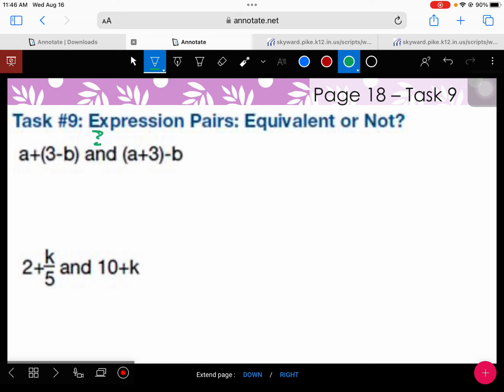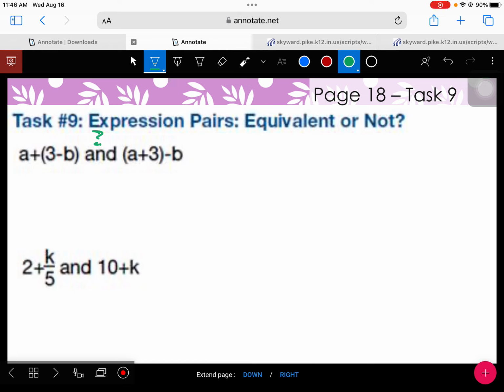To a point. Okay, so I don't hear a lot of strong sides there. Those of you who said they're not equivalent, why do you think they're not? Look at it. Does that look equivalent to you? Doesn't to me. No, I need a little more than just look at it.